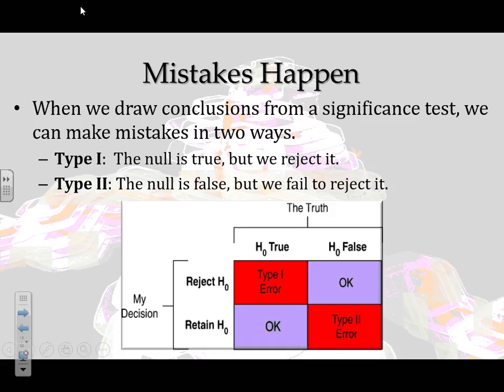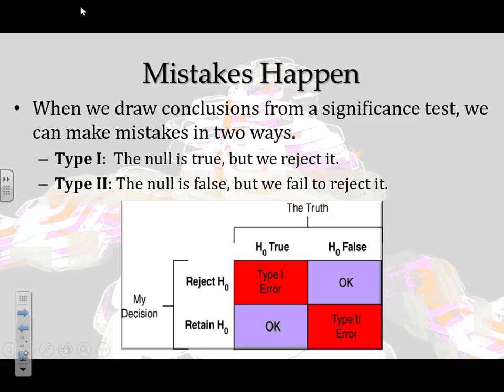So in the chart there, if the null is true, but we chose to reject the null, so that top square, then we've committed a type 1 error. It was right, we got rid of it. Okay, so that is wrong, that was a mistake, type 1 error. If the null is false, and we choose to reject it, then we're fine. We did exactly what we were supposed to do.